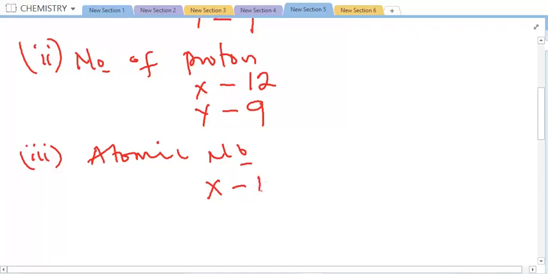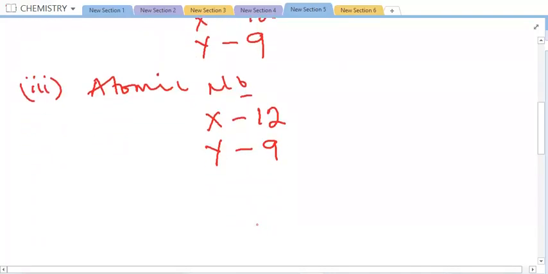So the atomic number for X will be 12. And the atomic number for Y would be 9, because atomic number is the number of protons in the nucleus of an atom. So that answers the question. Atomic number for X is 12 and for Y is 9.